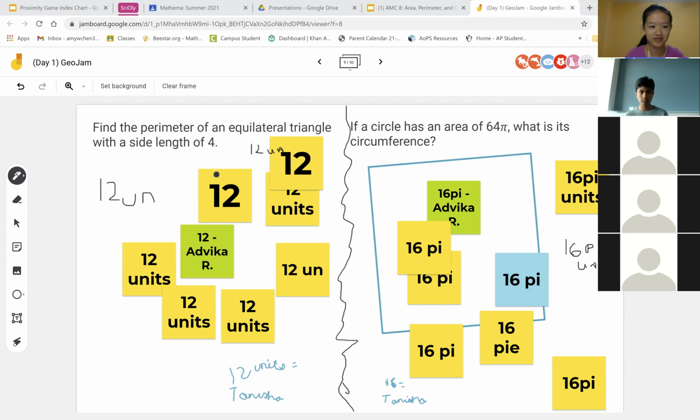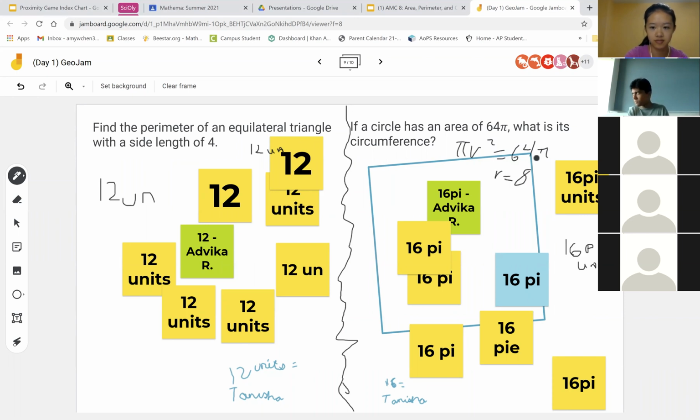Okay, so for the second one, the circle, since it has an area of 64 pi, and the formula for that is the radius squared times pi, the radius squared is equal to 64, so the radius is equal to 8.